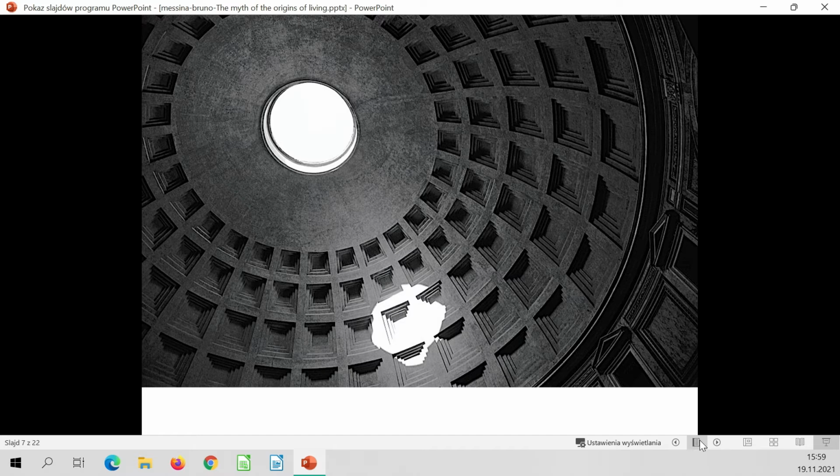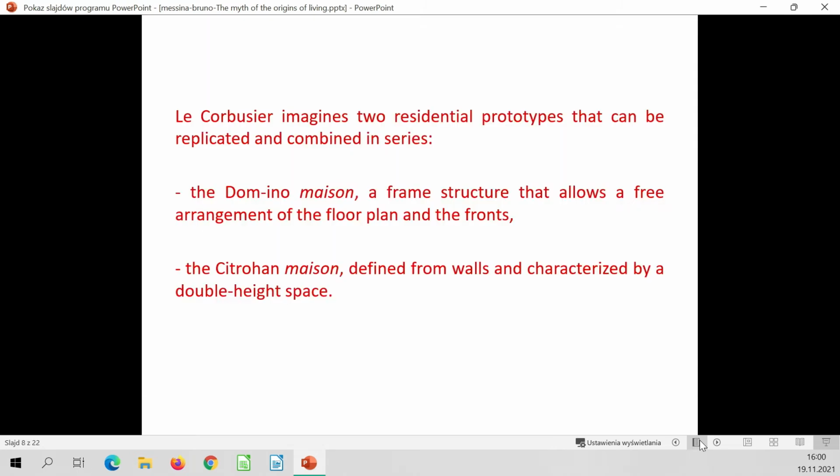The original stereotomic and tectonic forms of living have constituted for many of the masters of the modern movement a fertile field of experimentation, starting precisely from the spatial archetype of the domus and the structural principle of the primitive hut.